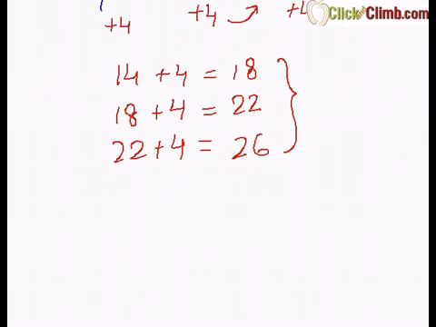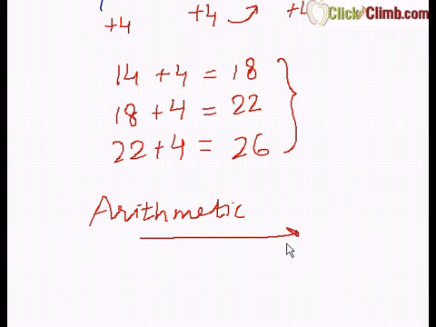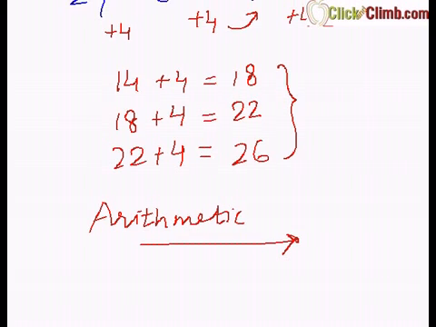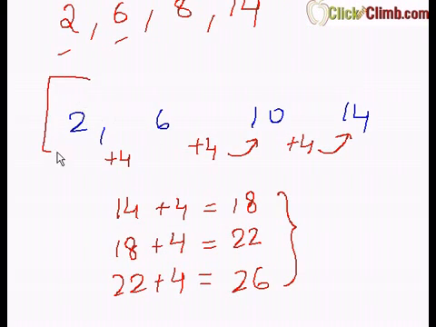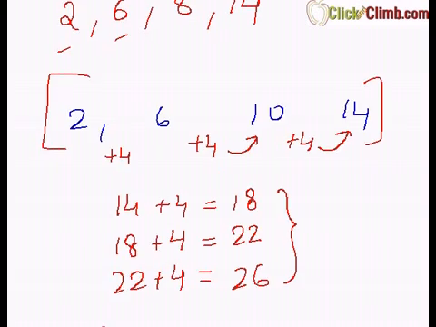Now we come to the arithmetic sequence. So what is an arithmetic sequence? An arithmetic sequence is formed when we add a fixed number to the previous term, like this sequence 2, 6, 10 and 14.